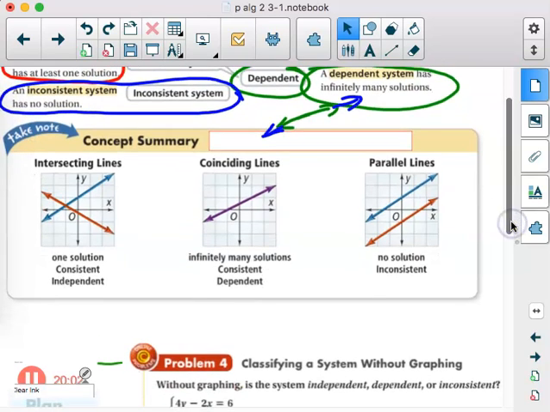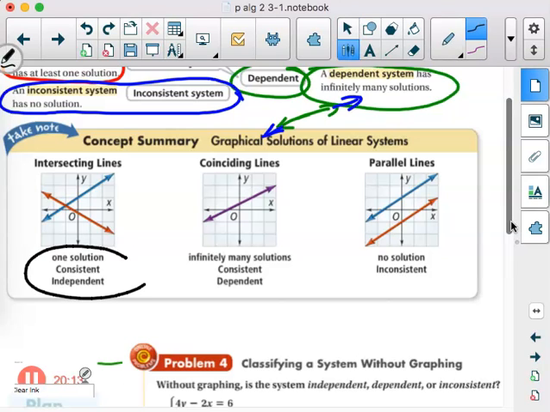So we've got a box with the concept summary, and it says we've got graphical solutions of linear systems. And in the first one, we see a red and a blue line, and they hit each other. Perfect. That is consistent, and it's independent because it's one solution. Love that. And now I look at the second one, and I think, what's up with that? It's purple. Well, that's because red and blue make purple.